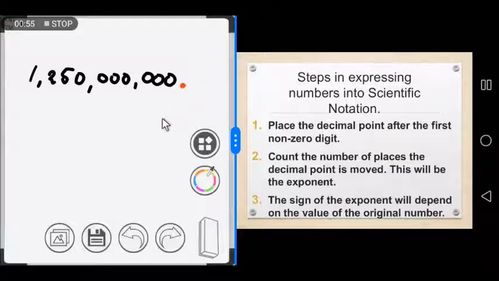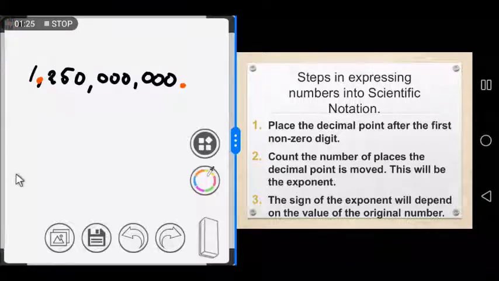Applying the first step, ito daw pong ating decimal point na ito ay dadalhin papunta sa pakatapos ng unang non-zero digit mula sa kaliwa, no? So, kapag sinabing non-zero, edi yung hindi zero na digit. So, mula sa kaliwa, papuntang kanan, ang atin pong unang hindi zero na digit ay 1. So, dito daw natin ilalagay yung bagong posisyon ng ating decimal point.